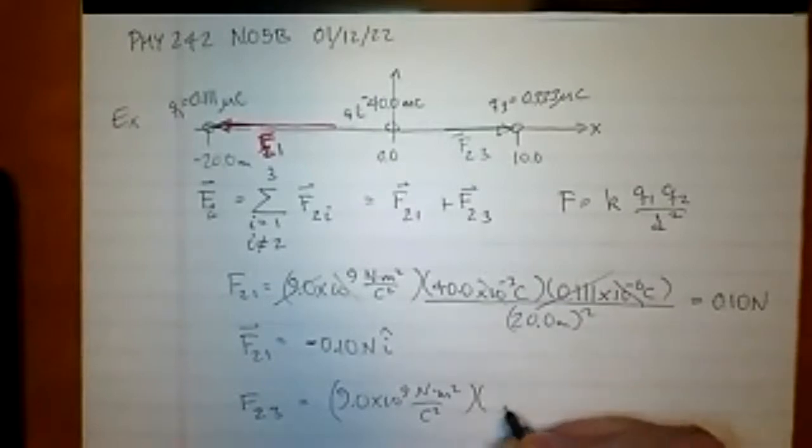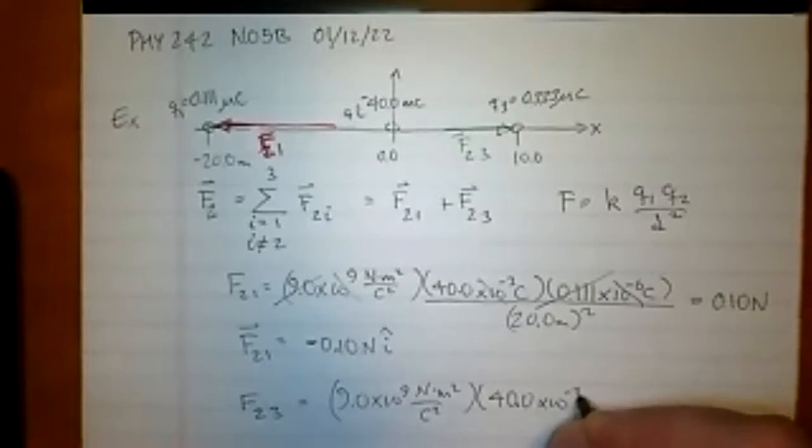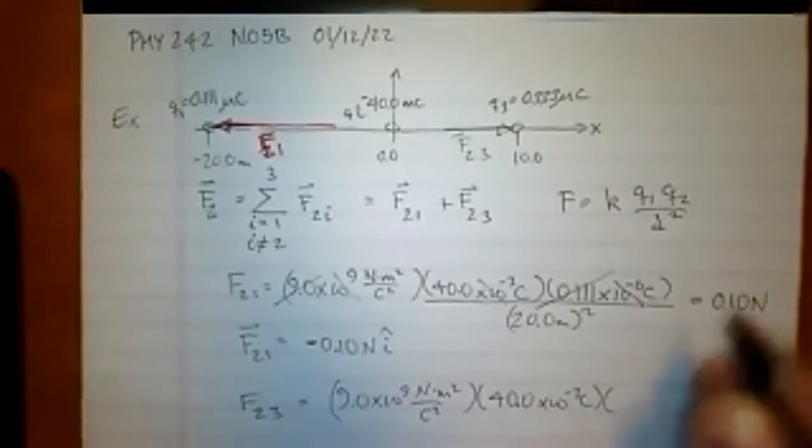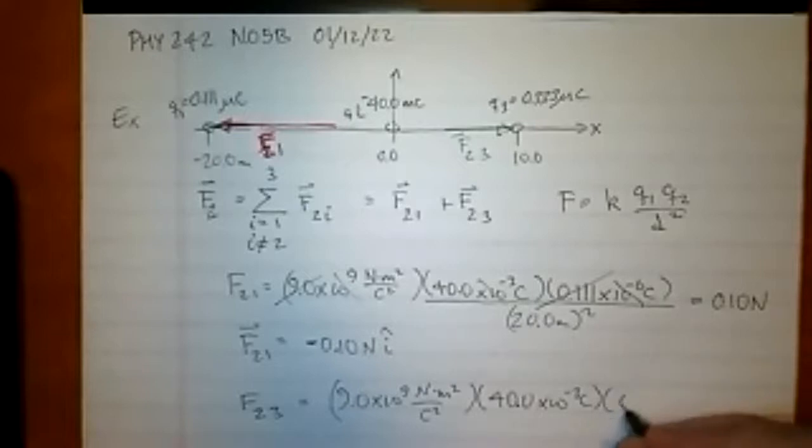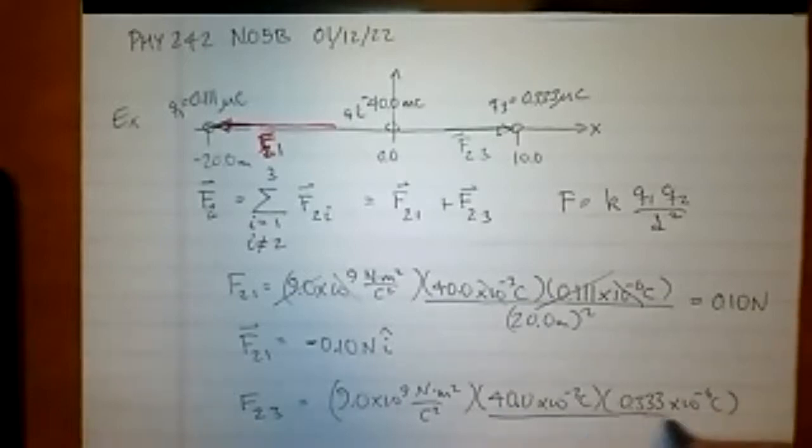So now I got to take the charge of the number 2 particle, which is 40.0 times 10 to the negative 3 coulombs. And then of the 3 particle, which is 0.333 times 10 to the negative 6 coulombs. And then this one's going to be over 10.0 meters squared.